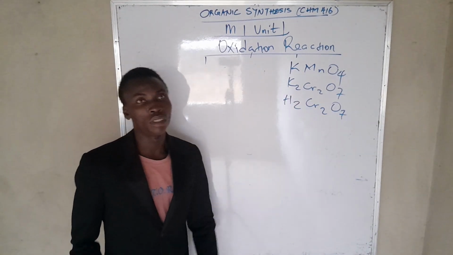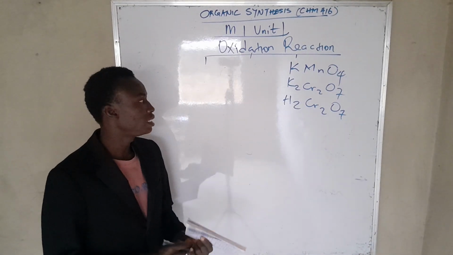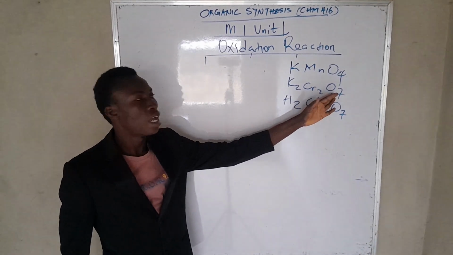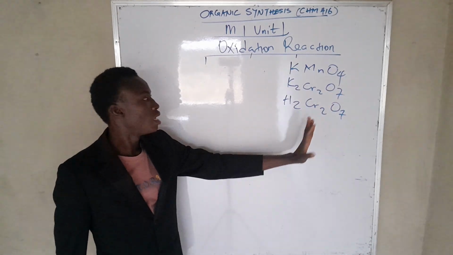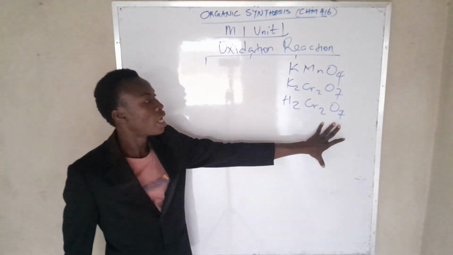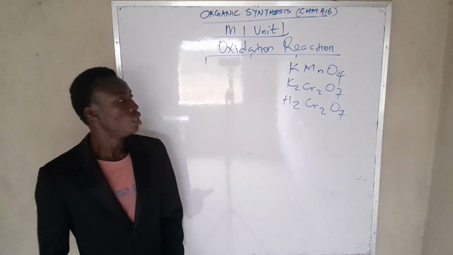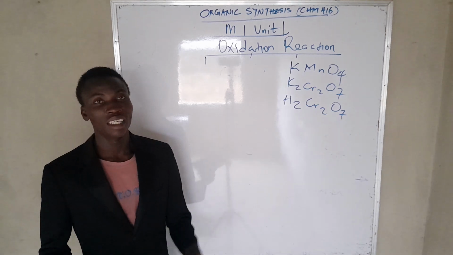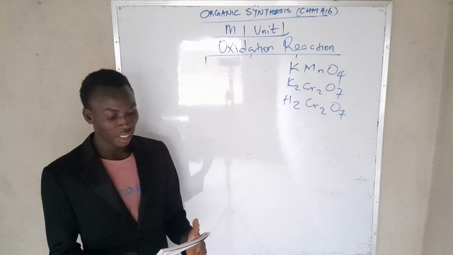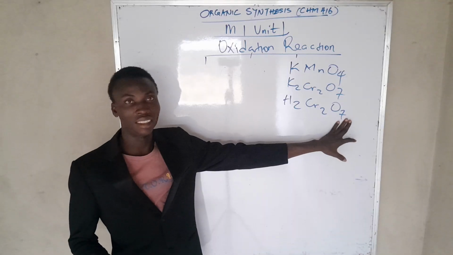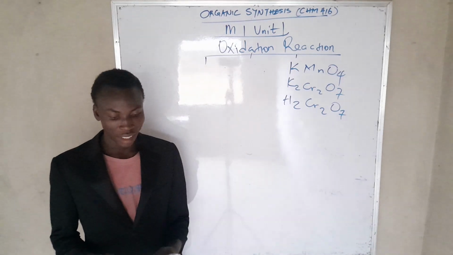KMnO4 is referred to as potassium permanganate, while K2Cr2O7 is referred to as potassium dichromate, and this one is referred to as hydrogen dichromate as well. All these ones that we are seeing in this place are good oxidizing agents that we use in organic chemistry. We can also call this one chromic acid. Take note of that, chromic acid.